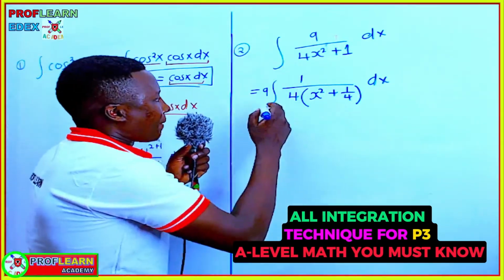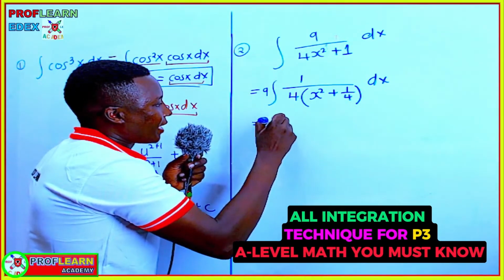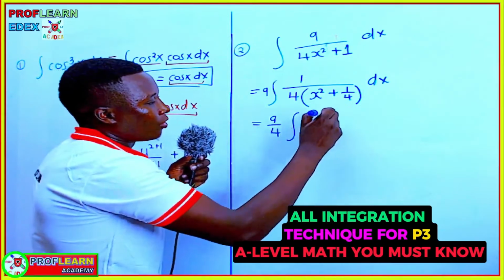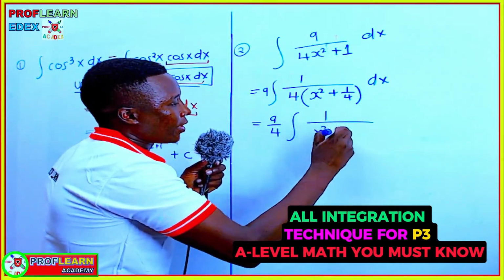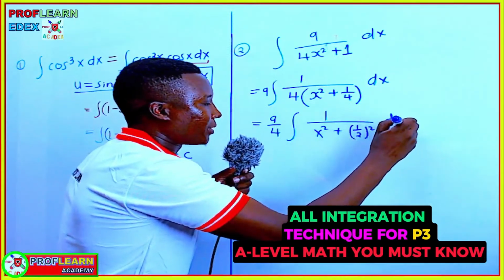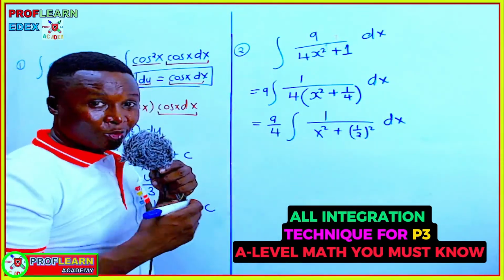So this 4, I can bring it out, so that I'll have 9 over 4, right? Integral of 1 over x squared plus 1 over 2 squared with respect to x. You need to remember this kind of question that you learned.